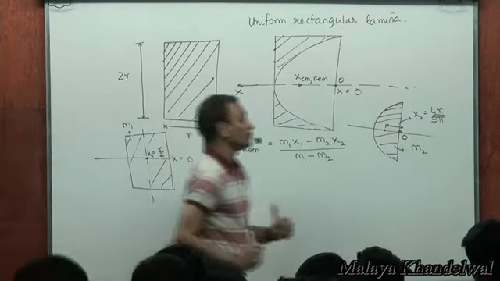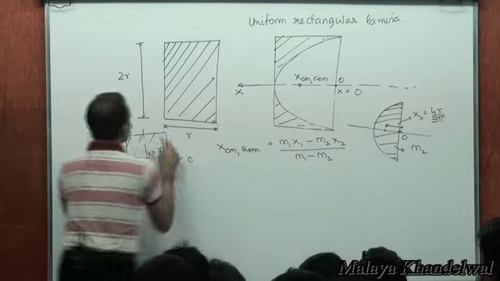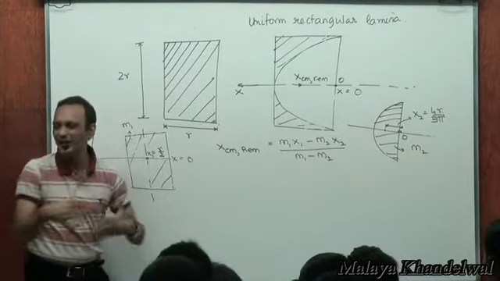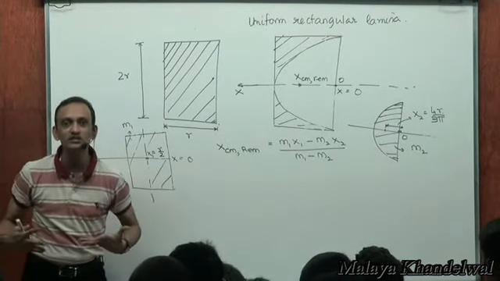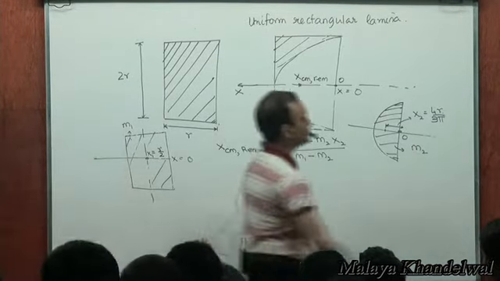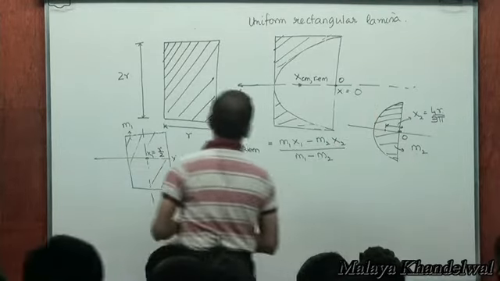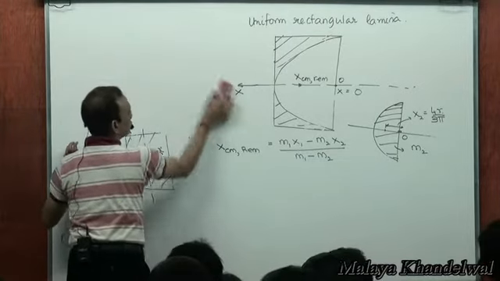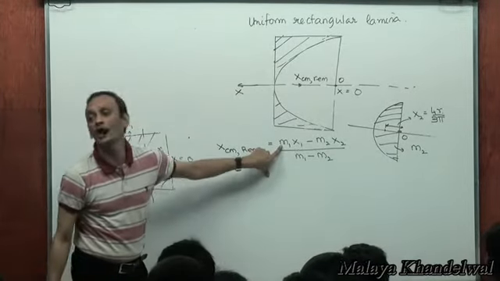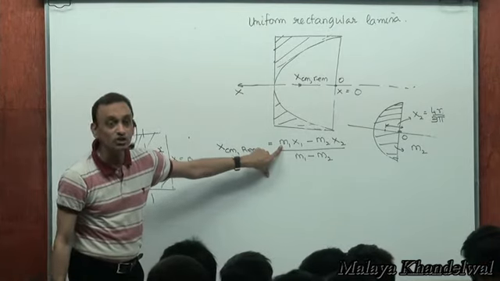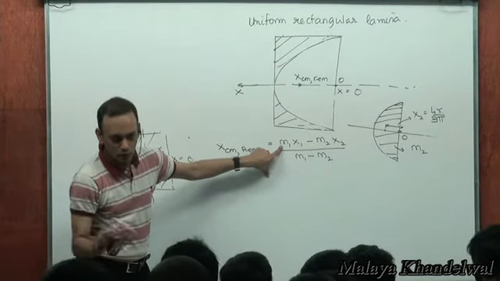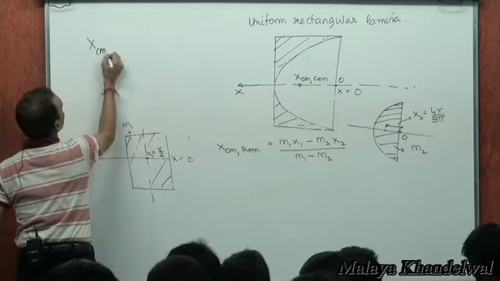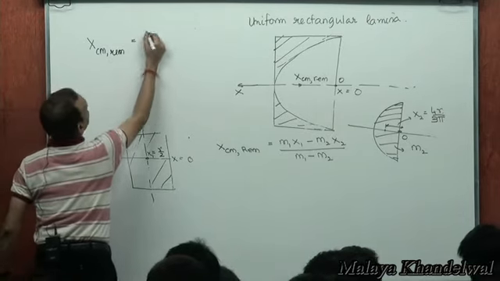Right? Now, these masses will be proportional to these areas because they have the same thickness. So the masses can be replaced by the corresponding areas. Is it not? Right? So, for the original rectangle, this mass m1 was 2r into r, proportional to the area, which is 2r squared.